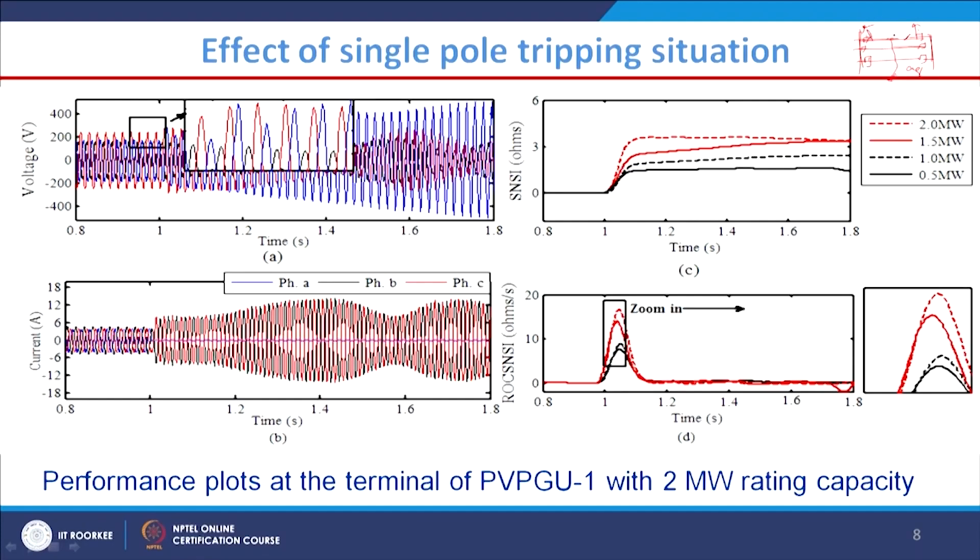This condition is known as a single pole tripping situation, keeping the other two phases healthy. Phase B and phase C are carrying the power, whereas phase A is faulty, so it is taken out of service. This situation leads to unbalance, because one phase is out of service and there is a good chance of generation of negative sequence components, and of course the fault is isolated.